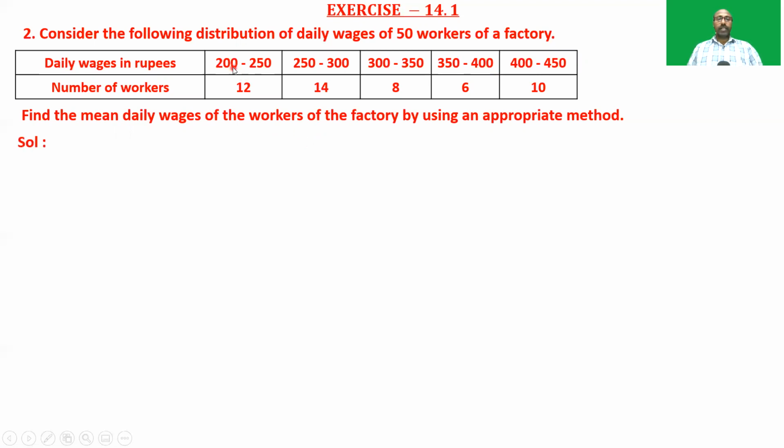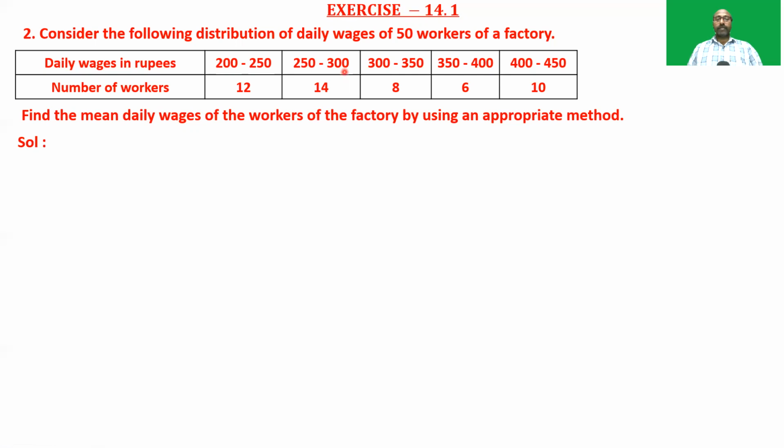So here we can notice that the values of class intervals are high. That is, class mark of 200 to 250 is 225, and class mark of 250 to 300 is 275, like that.